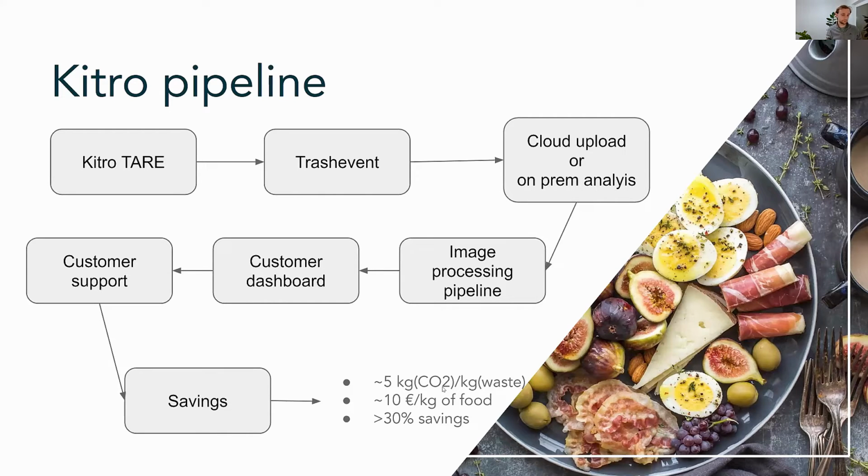On average, a kilogram of food costs approximately 10 euros. And each kilogram of food that is wasted is equivalent to 5 kilos of CO2, which is a huge impact on the environment and on the budget of our customer's property. We have saved more than 1 million tons of CO2 so far, and we're very proud of that, just by giving feedback and working with the customers on reducing their food waste.